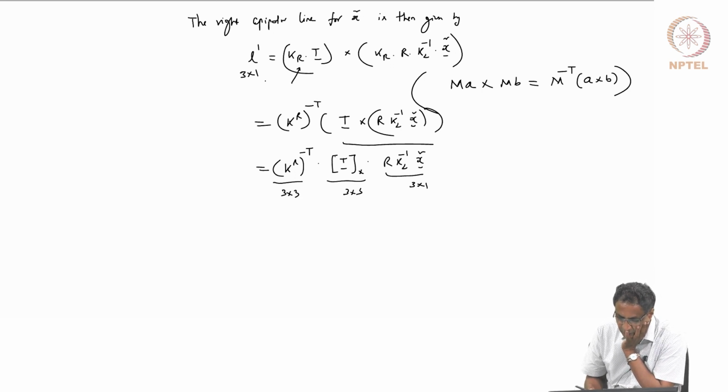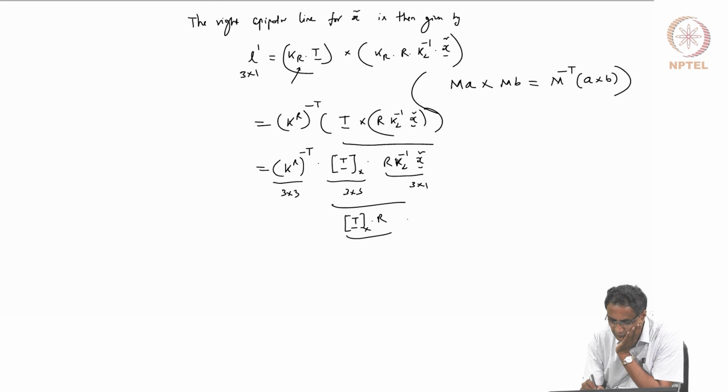Now, this product that you see here, Tx into R, is called the essential matrix.